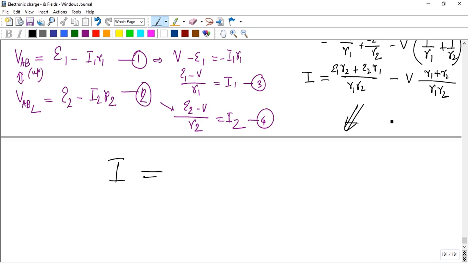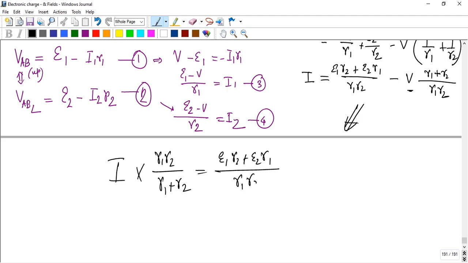Now multiply both sides by R1 R2 by R1 plus R2, and you get the final V value, that is (EMF 1 R2 plus EMF 2 R1) by (R1 plus R2).